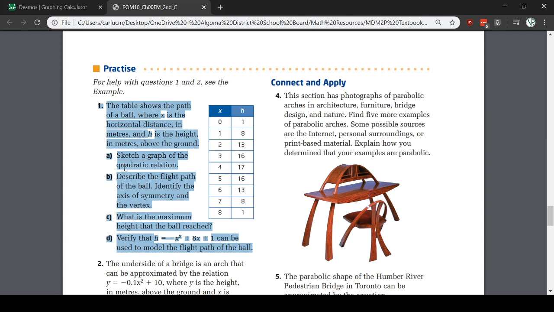The table shows the path of a ball where x is the horizontal distance in meters and h is the height in meters above the ground. This is an often situation that we use. When you throw something through the air, it's going to follow this parabolic path. Throw a football, a baseball, kick a soccer ball, anything like that, it's going to have that kind of path when you're measuring the distance and height of it.